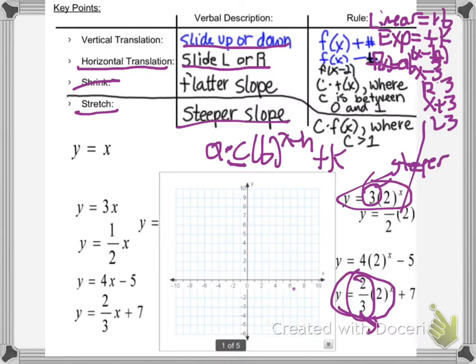For other purposes, if b in our equation becomes, say for example, 2 to the x, we know that's going to be graphed just like this right here.